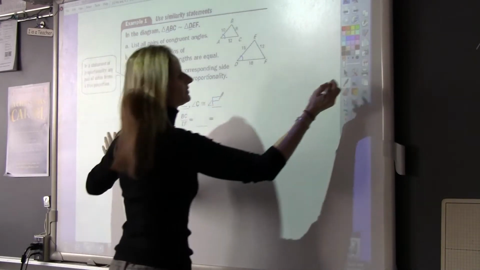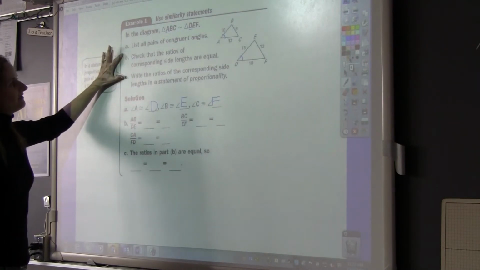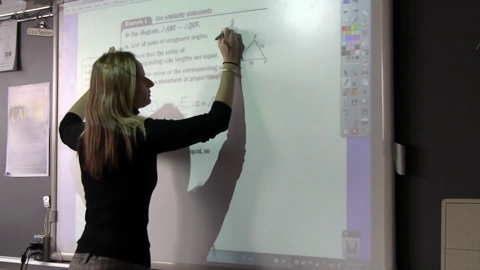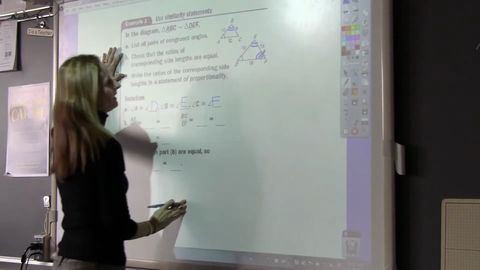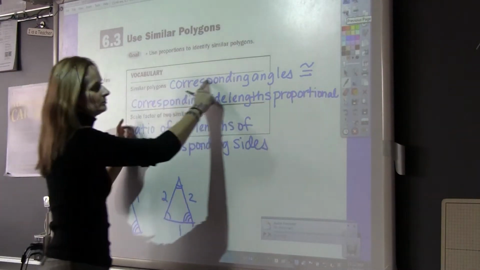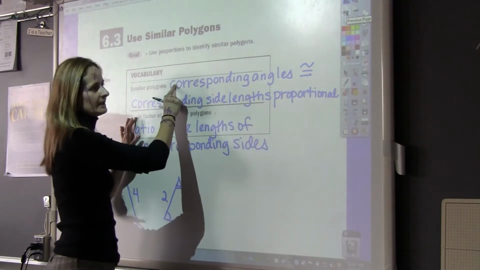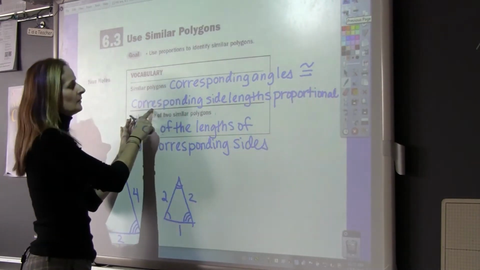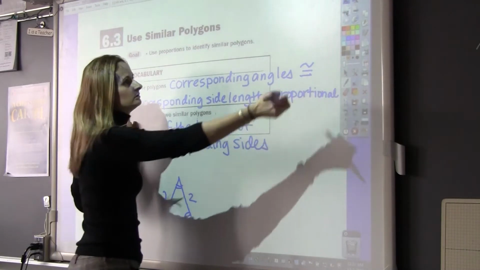I'm going to write a little thicker just to make sure you can see. All right, so now that we have shown that all their corresponding angles are congruent, we've met this requirement for those figures to be similar. Now we need to see if all their corresponding side lengths are proportional.